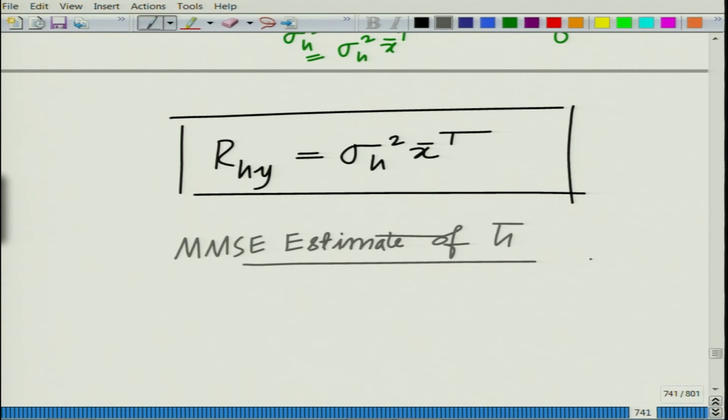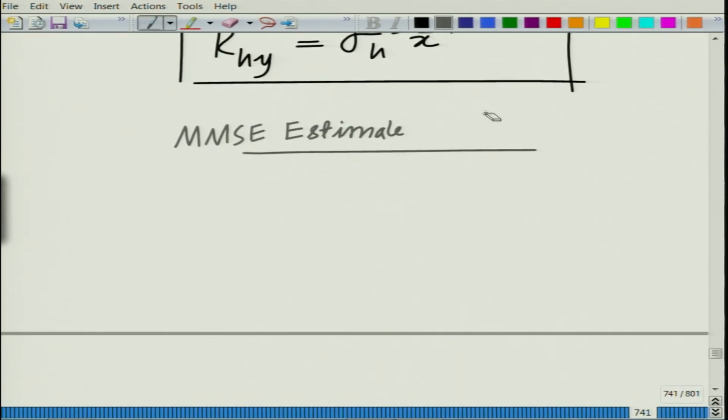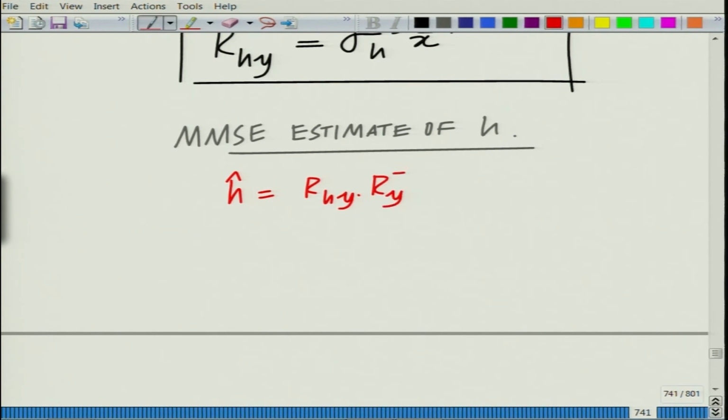The MMSE estimate of h is given as h hat equals R_hy times R_y inverse times (y bar minus mu bar y) plus mu_h.